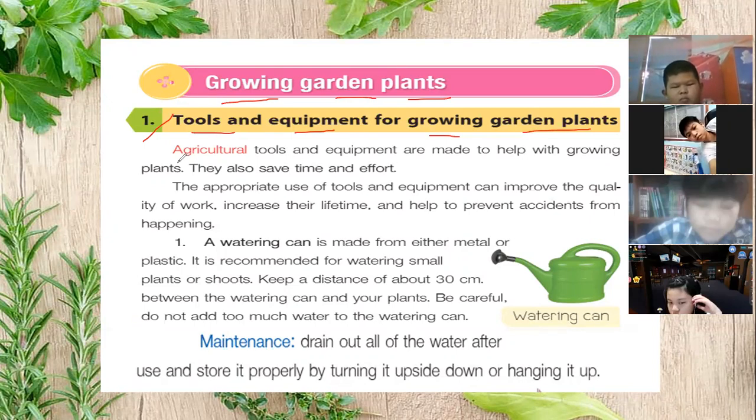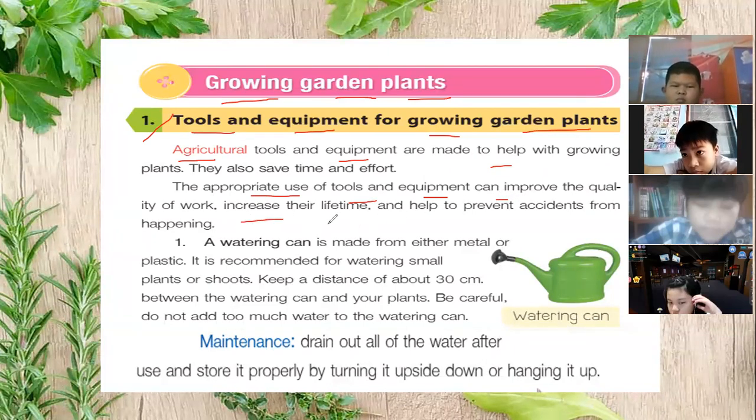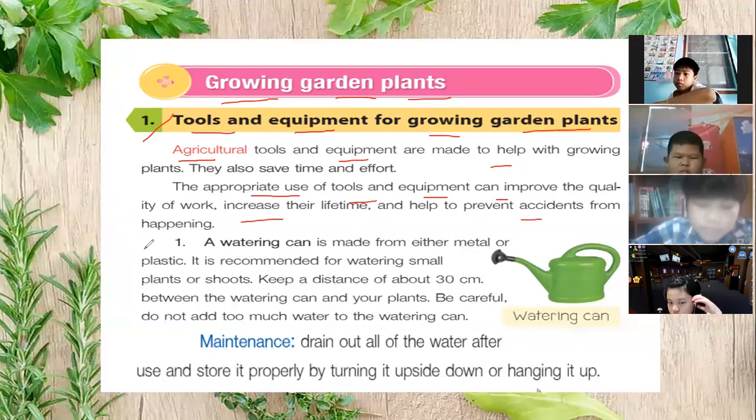First of all, agriculture tools and equipments are made to help with growing plants. They also save time and effort. The appropriate use of tools and equipments can improve the quality of work, increase their lifetime, and help to prevent accidents from happening. So these are the benefits of tools and equipments.